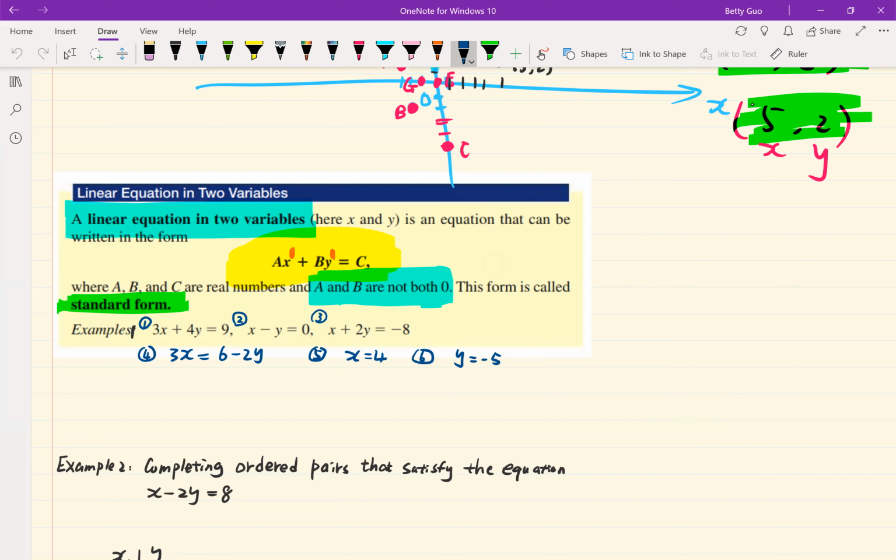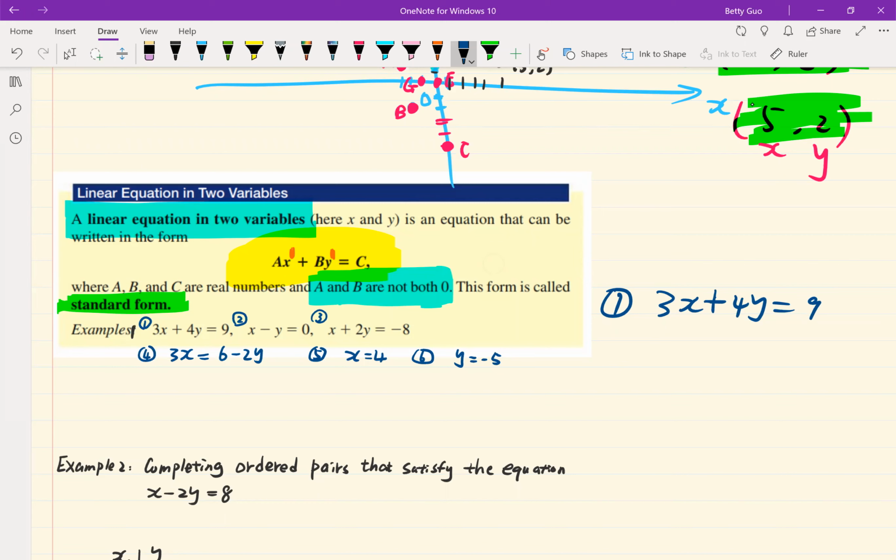Example 1 is to help us understand the definition of linear equation in two variables, to determine if a given equation is a linear equation in two variables or not. So it covers the definition of the equation. Number 1, 3x plus 4y equals 9.